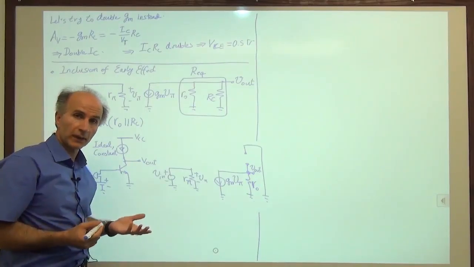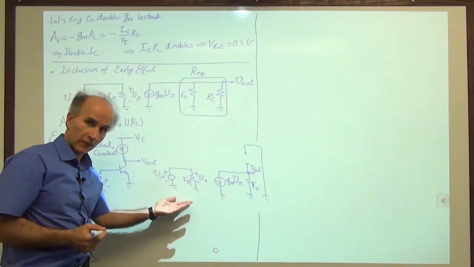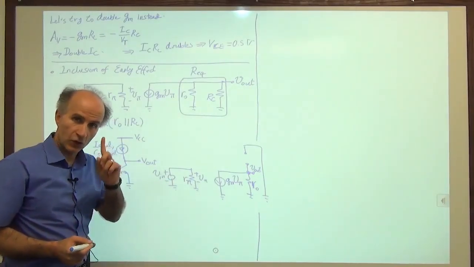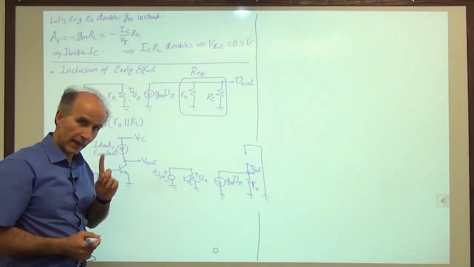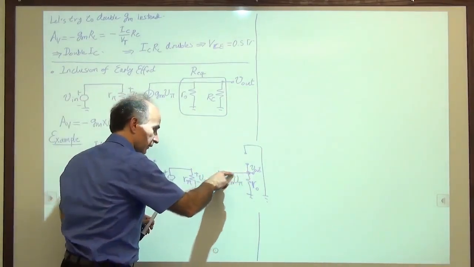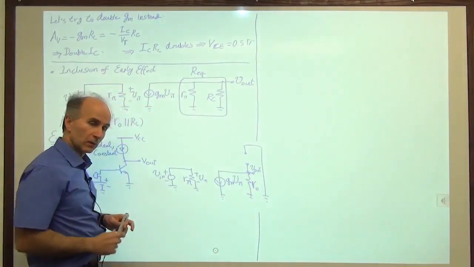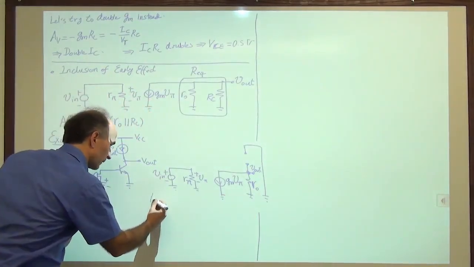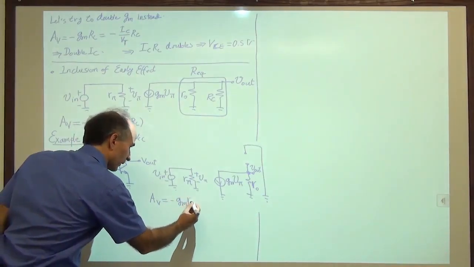And this nice little circuit has a simple gain equation. The gain of that circuit is given by minus GM times the total resistance connected between the collector and AC ground, which happens to be RO. So we see that AV is equal to minus GM times RO.